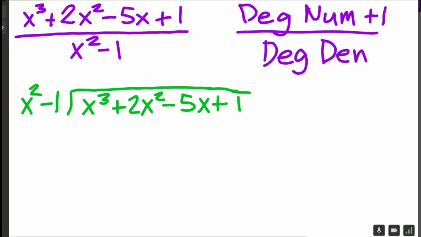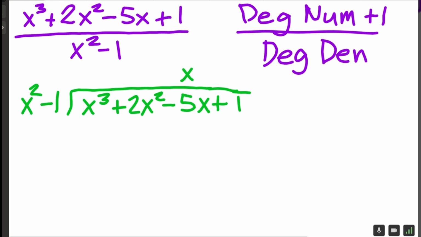Remember, the first thing we're looking at in this long division is the lead term in the divisor, and what we need to multiply that by to get to the first lead term, in this case x cubed. We would need to multiply x squared by x to get x cubed, right? So we're going to put that x right above the x term, on the other side of the division bar.